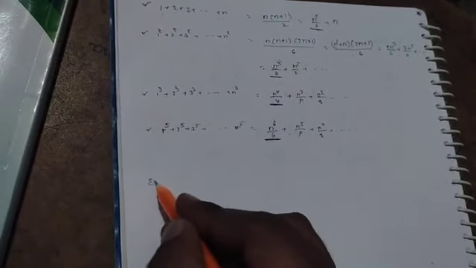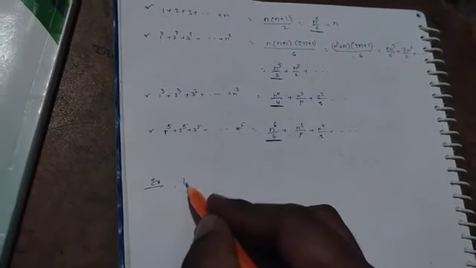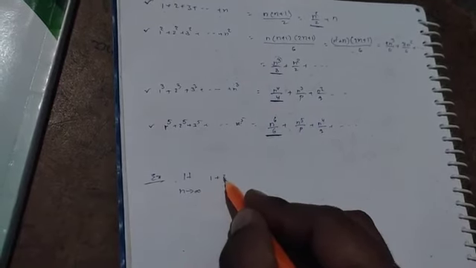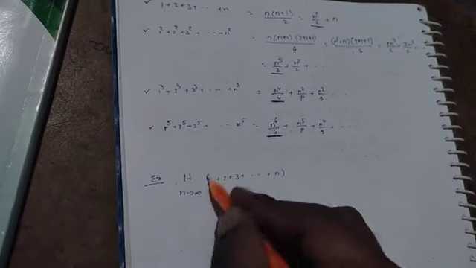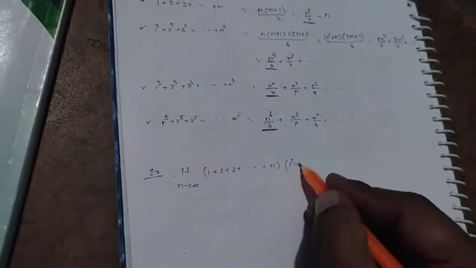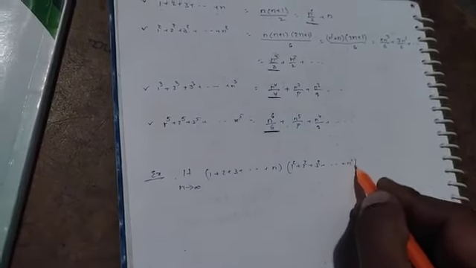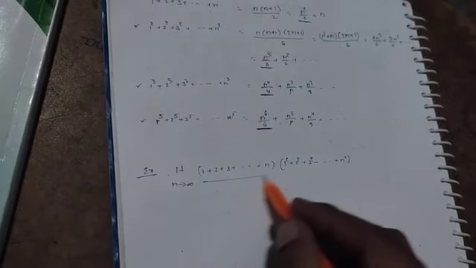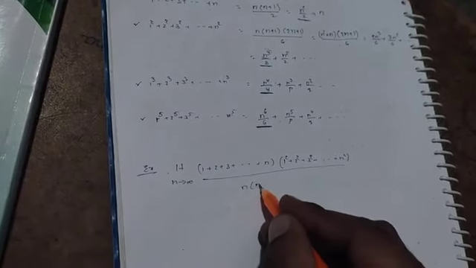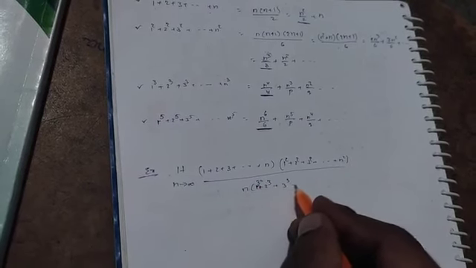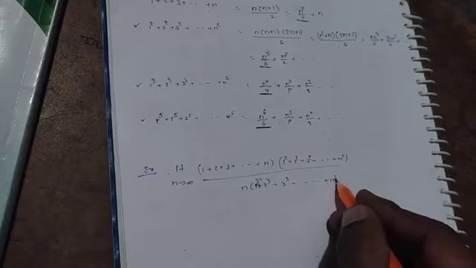Just for example, in one of the questions, it is given: limit n tends to infinity of 1 plus 2 plus 3 plus and so on plus n terms, times 1 square plus 2 square plus 3 square and so on plus n square, divided by n times 1 cube plus 2 cube plus 3 cube and so on plus n cube.